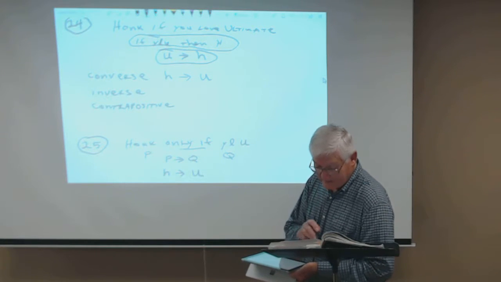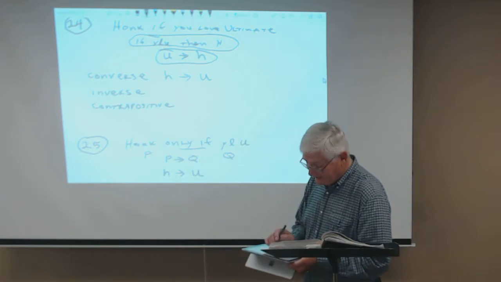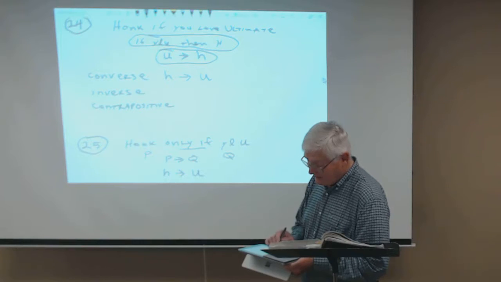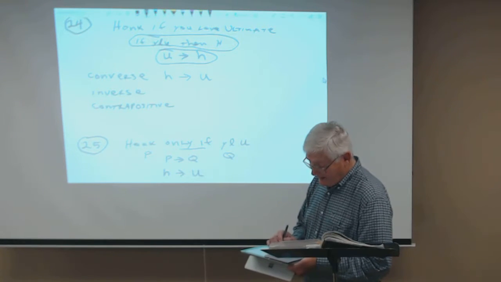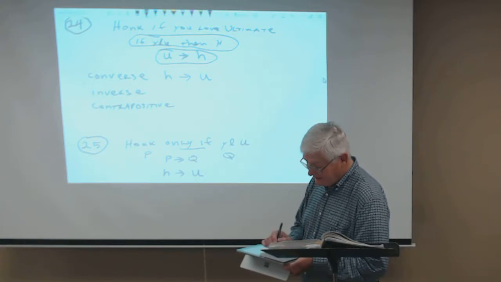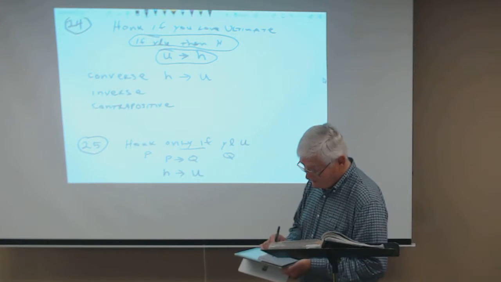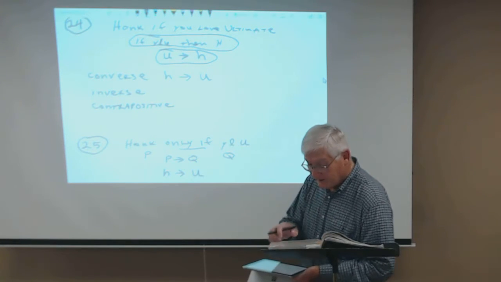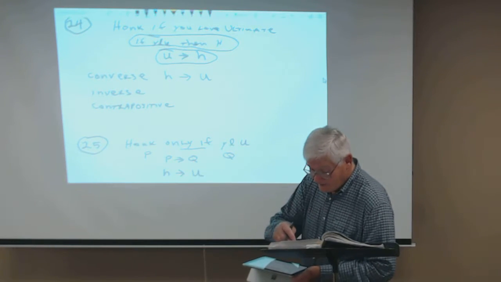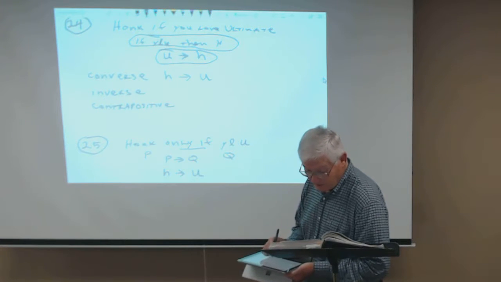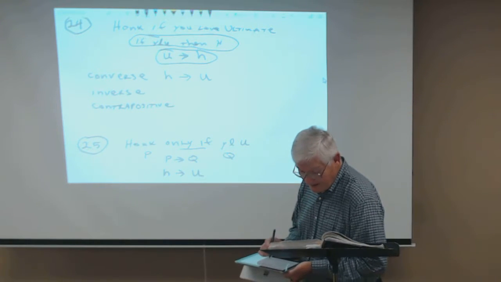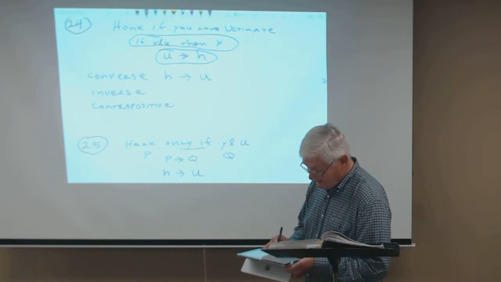And they want you to write it in symbolic form. So the first thing I did was take this phrase, put it in if-then form, then put it in symbolic form, and now I'm writing the converse of that. What's the inverse of that? Look back at your chart. You don't have your chart handy there? It's on page 138. What's it say?